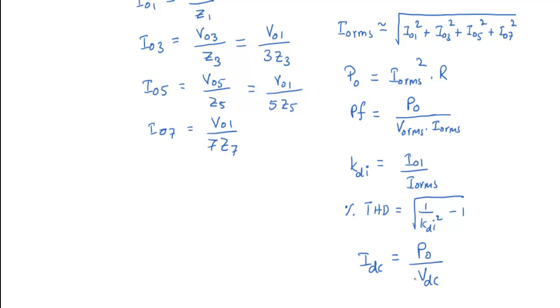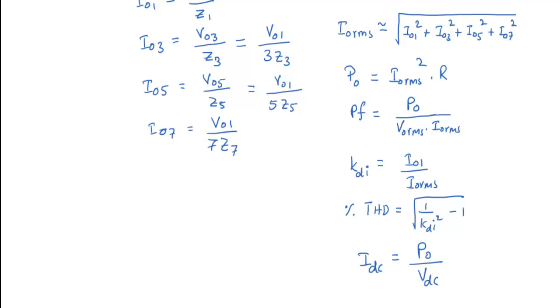So once you know the RMS value of the load current, we can calculate all these things in case of full bridge inverter or half bridge inverter. The only difference in case of half bridge inverter, everything is same, but wherever VDC is there, we need to take VDC by 2. Okay, so these are the things with respect to full bridge inverter.